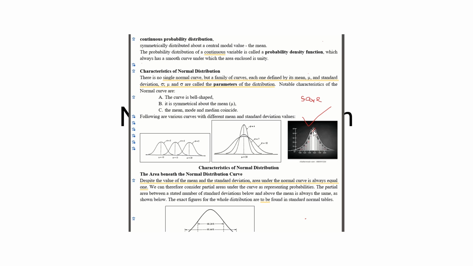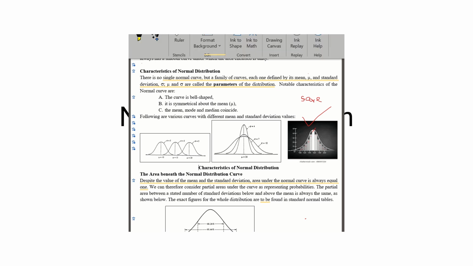So the total area under this curve is taken to represent 1 or 100%. So when you now want to consider some partial areas under the curve, then you can use it to mean probabilities or percentages, as the case may be.